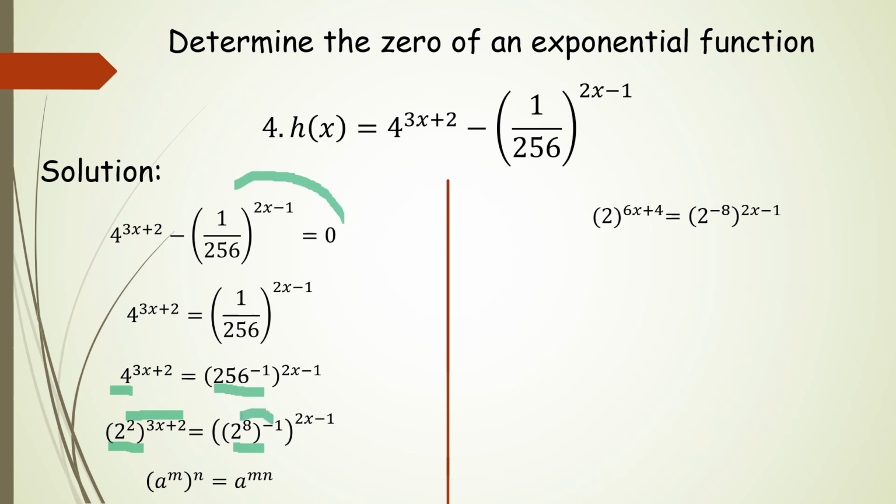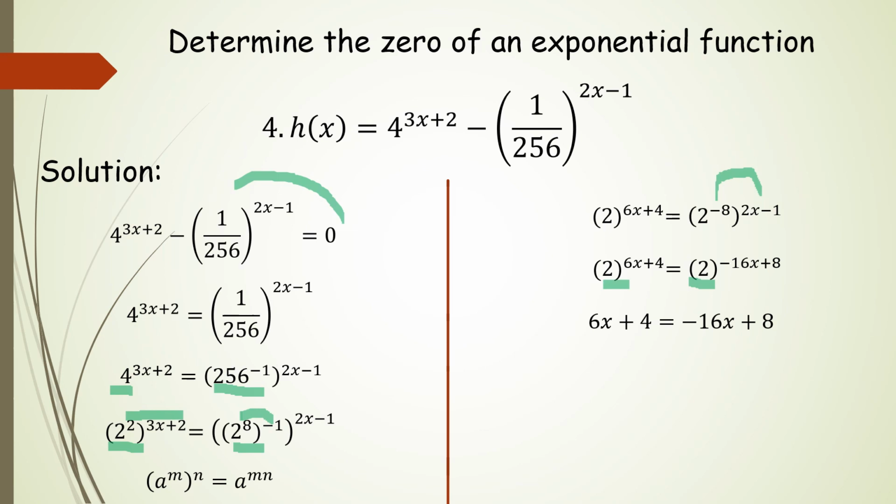So, we have negative 8. So, using the same law of exponent, distribute uli natin yung negative 8 sa exponent niya sa labas. So, we have 2 raised to 6x plus 4 is equal to 2 raised to negative 16x plus 8. So, since equal na ang base nila, which is 2, pwede na ibaba ang exponent. So, we have 6x plus 4 is equal to negative 16x plus 8.